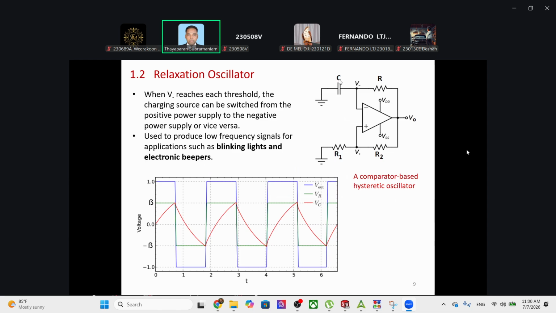For example, 1 microfarad and 1 kilo ohm, or 1 nanofarad and 1 mega ohm. It is going to be the same RC value, and the 10 to the power 3 can be incorporated into C or R.